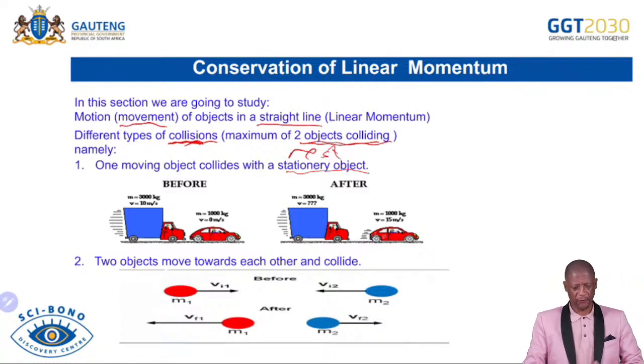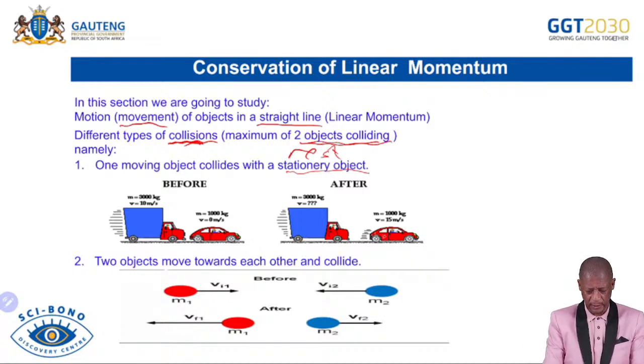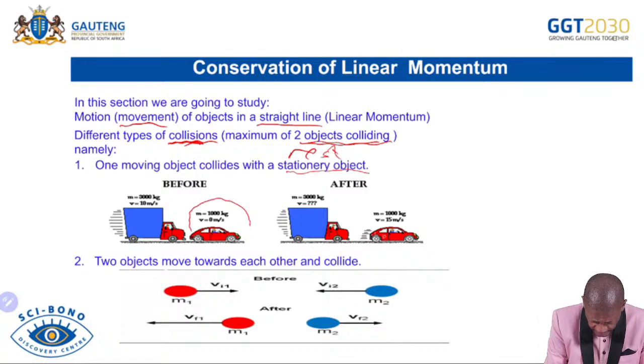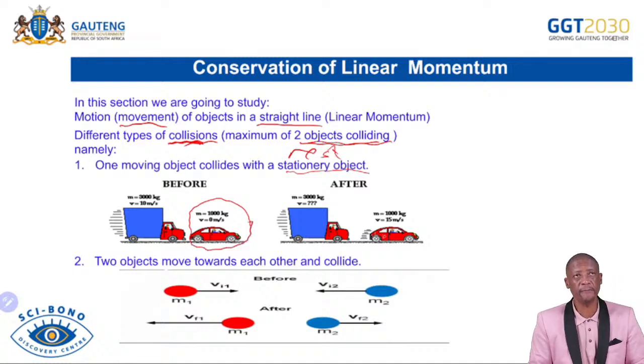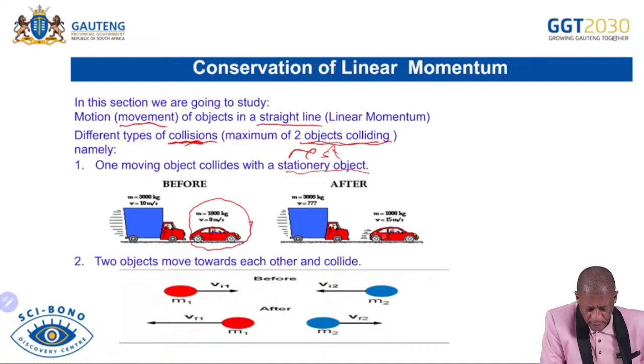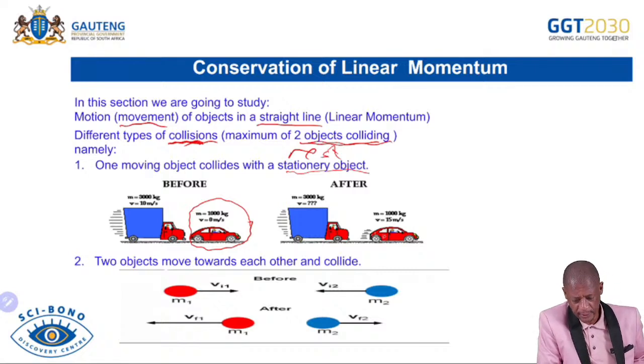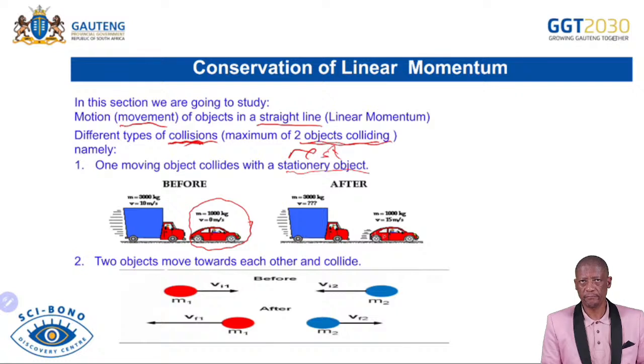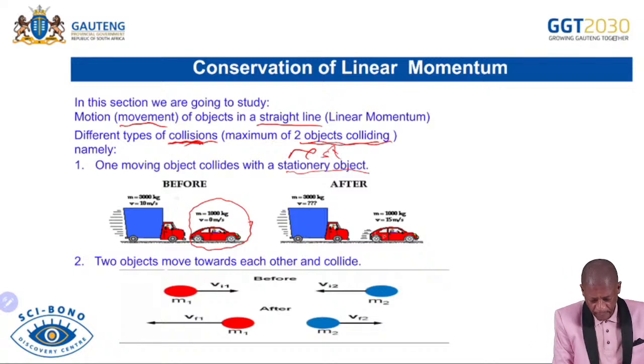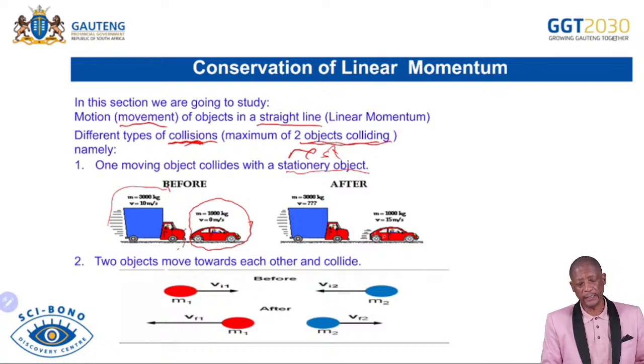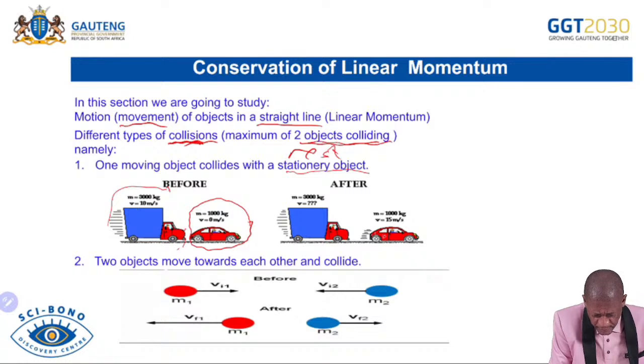In other words, if we look at before the collision, let us assume the small car is just standing because it has a velocity of 0 meters per second. So it is not in motion, it's not moving. It's stationary. Here comes a big truck from behind, moving at a velocity of 10 meters per second.